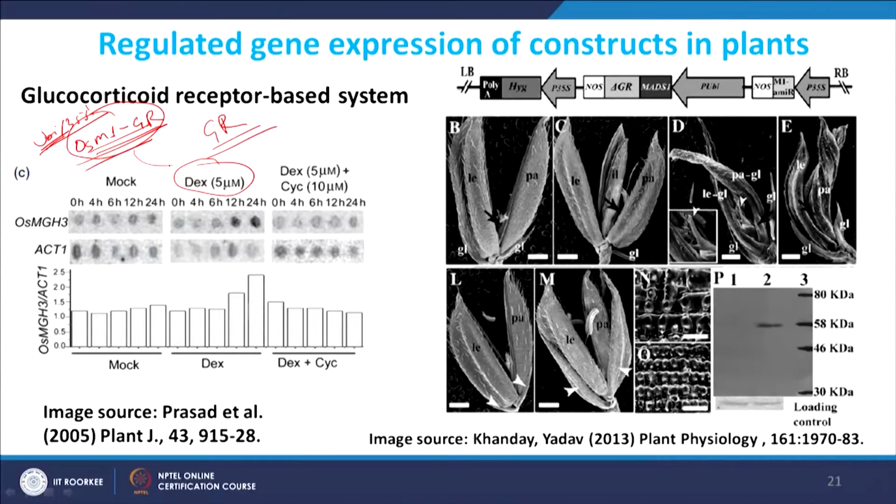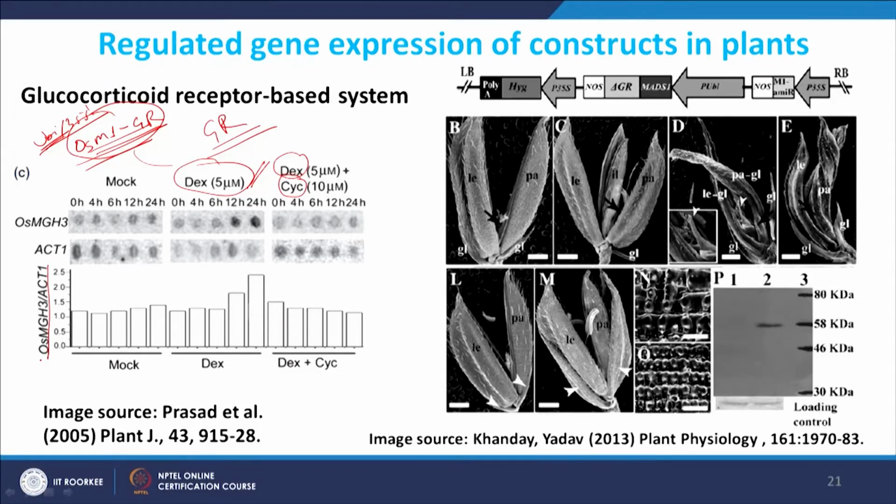Since MATS1 is a transcription factor, unless it enters the nucleus, it cannot perform its function. If I induce this plant with the hormone, here dexamethasone, it will enter the nucleus and can activate the gene.